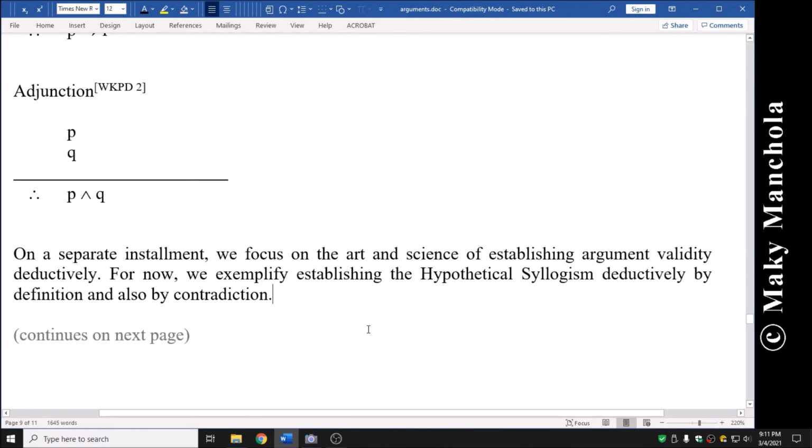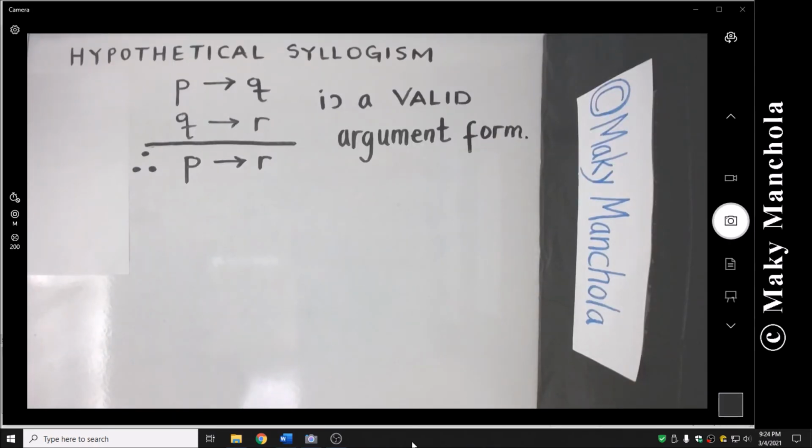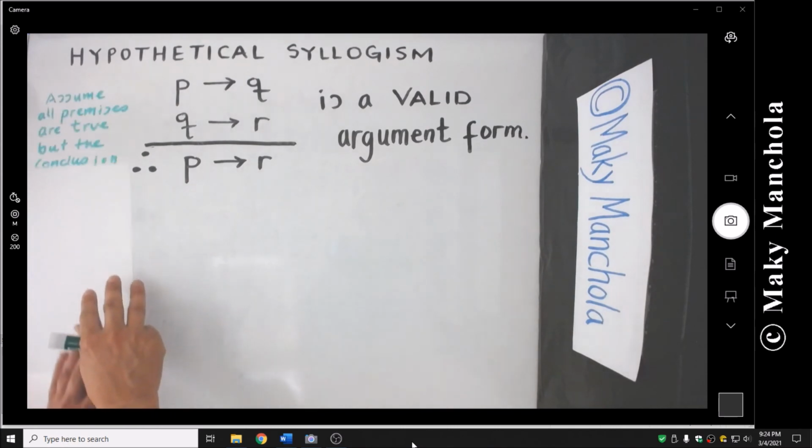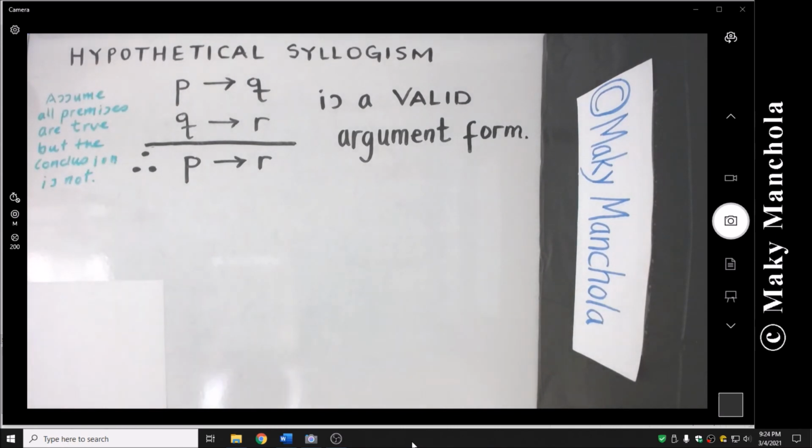Now, let's establish the hypothetical syllogism by contradiction. Here we have the hypothetical syllogism. To establish the hypothetical syllogism by contradiction, we are going to assume that all premises are true, but the conclusion is not.